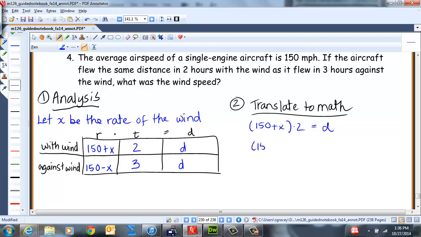And then we had 150 minus x times 3 was equal to our distance. So this one will end up being 300 plus 2x equals our distance. And this guy will be 450 minus 3x is equal to our distance.